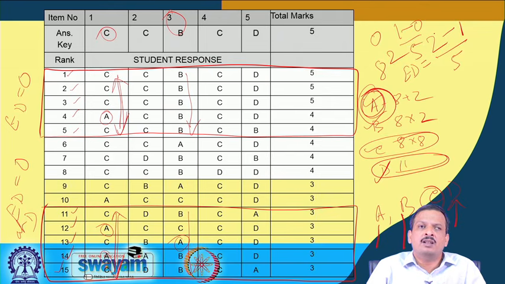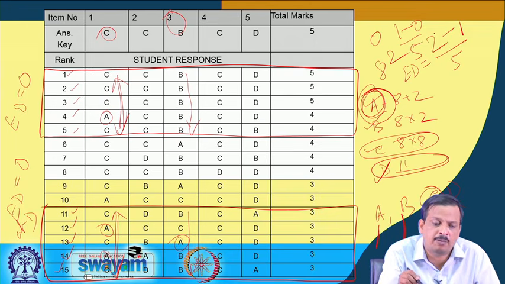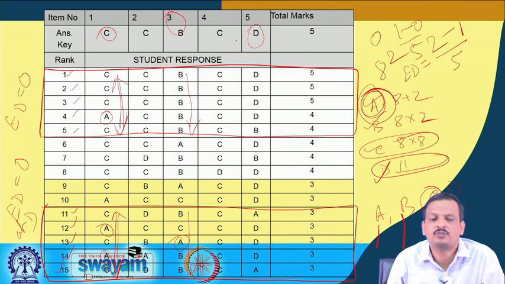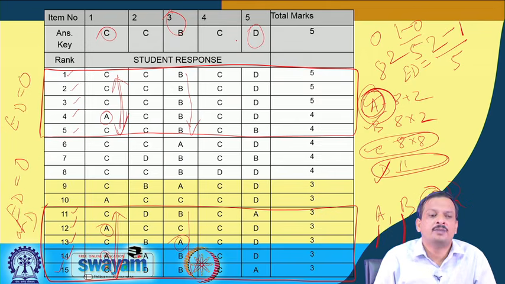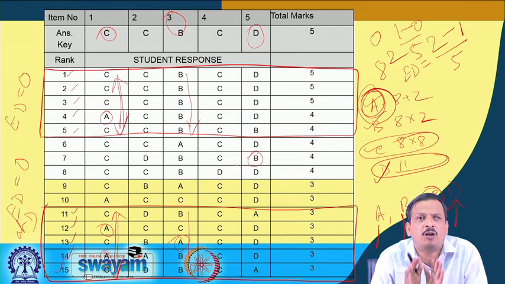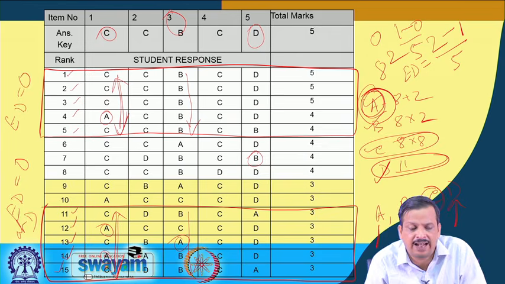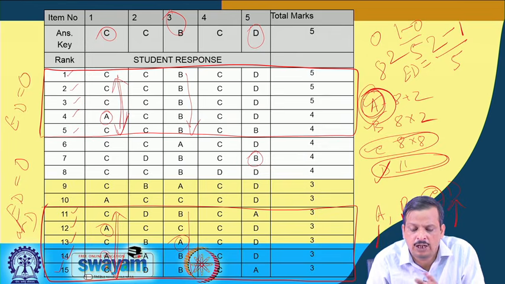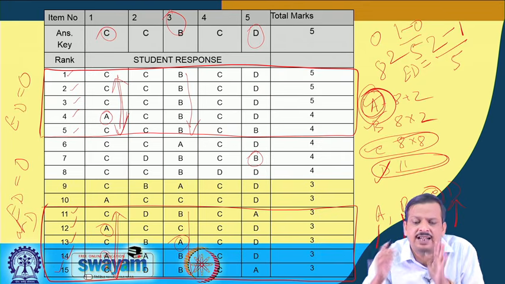Clear? ED may be negative also. See item number 5. The correct answer is D. If I say calculate the ED for option B, then what is the ED?